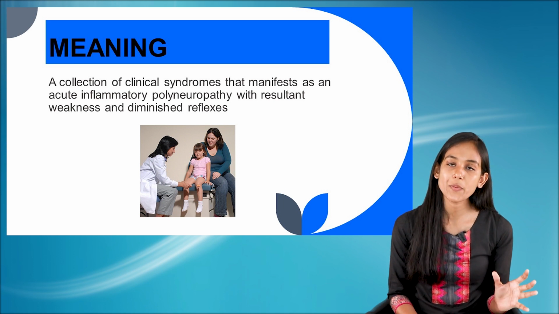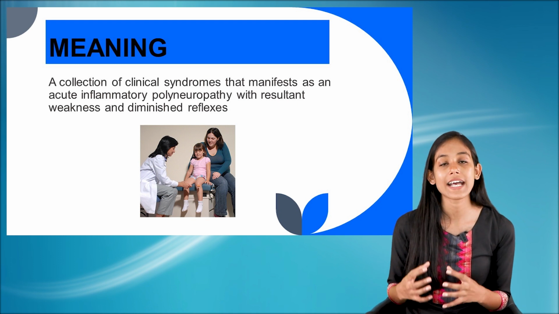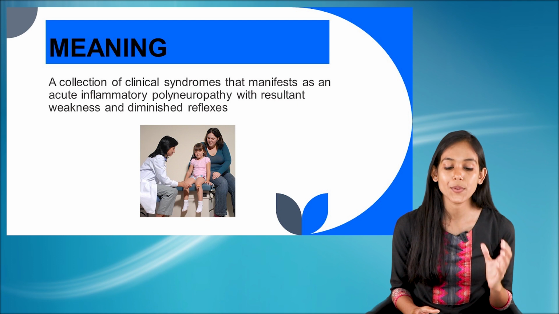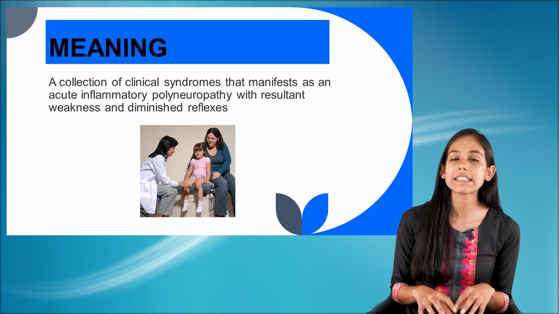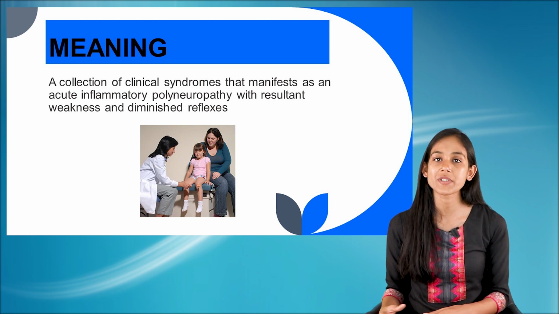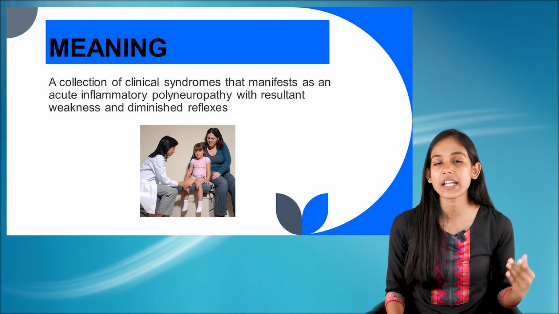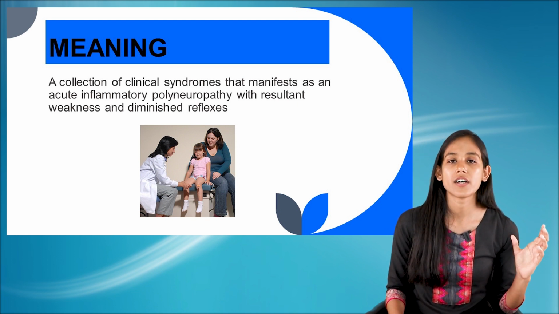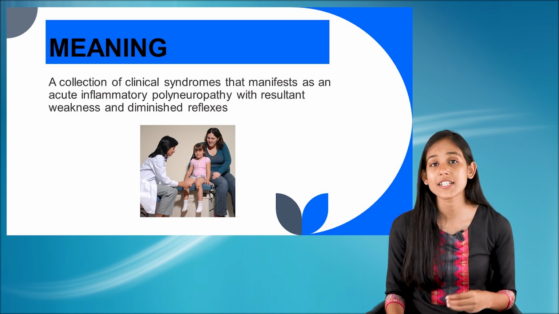So Guillain Barre syndrome is a collection of clinical syndromes that manifests as an acute inflammatory polyneuropathy with resultant weakness and diminished reflexes. So basically it is a collection of clinical syndromes. That means there are several syndromes which would manifest as an acute inflammatory polyneuropathy. That means the peripheral nerves would get damaged, and along with that there would be resultant weakness.